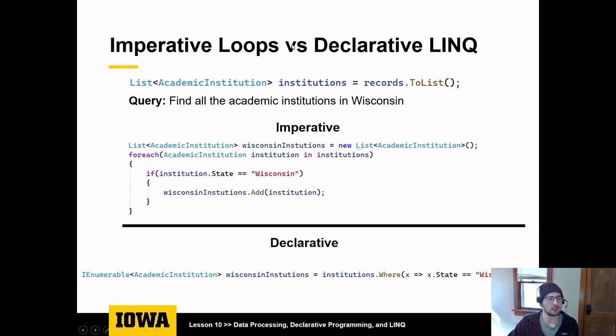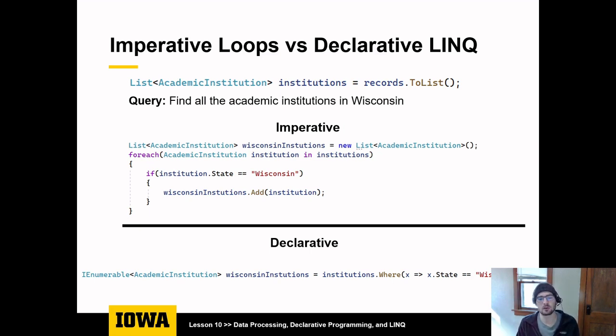Well, you create a new academic institution list called Wisconsin institutions. You loop through your existing institutions, and you have a little if statement: if the state equals Wisconsin, then you add it to your other list, and you use the other list from now on. So that's the imperative style of programming.